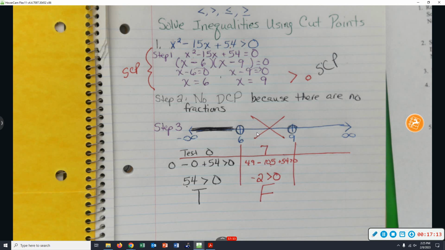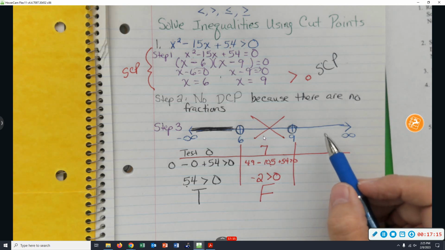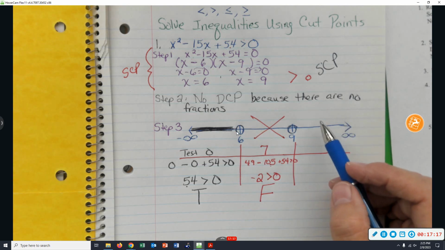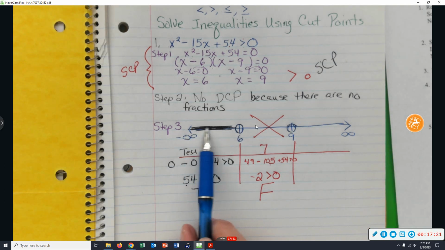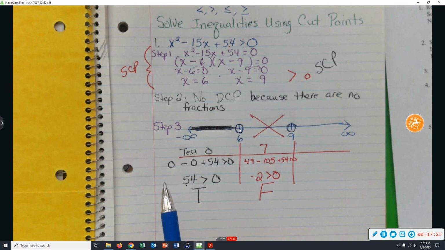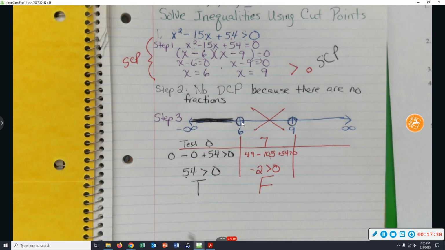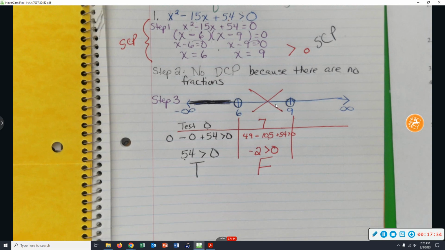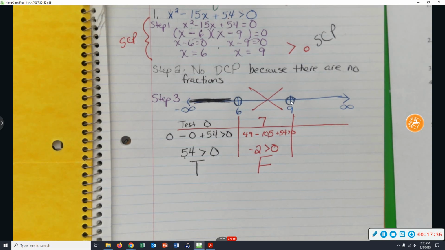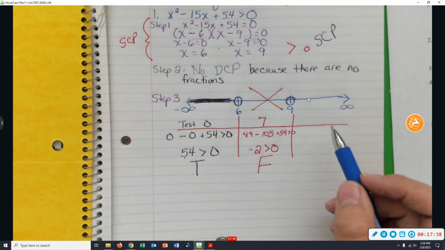If he had tried 6.43279, it would not have worked. The only time it can change from true to false is if the inequality is equal or if it's undefined. It cannot change between 6 and 9 because there's not another spot where it's equal or undefined. It may change at 9.